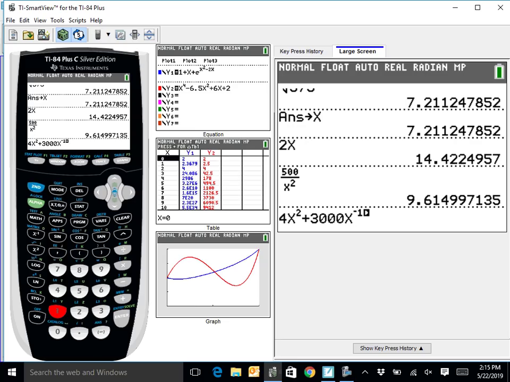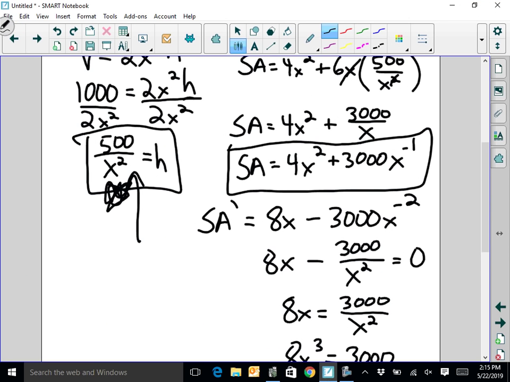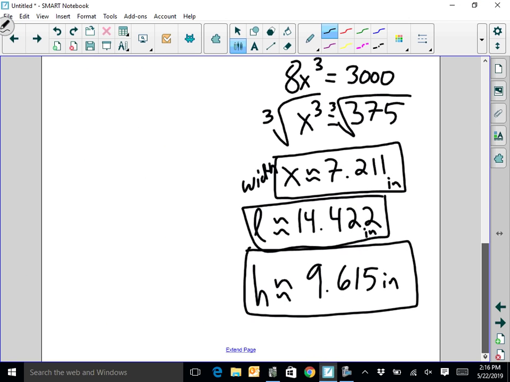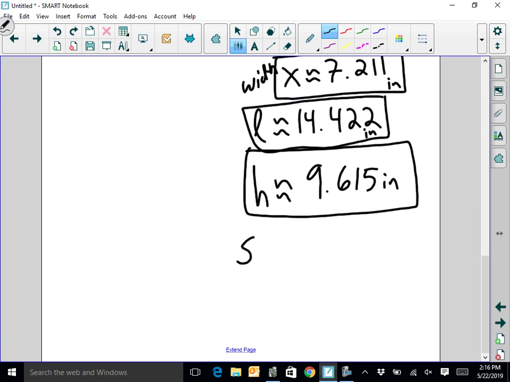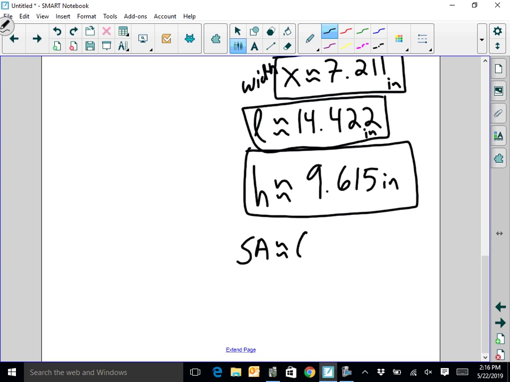And I get the total amount of cardboard used would be 624.025. That's surface area, so it would be in square inches.